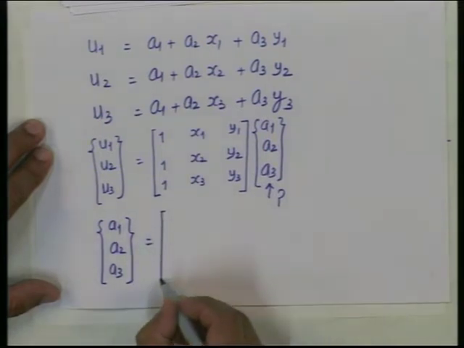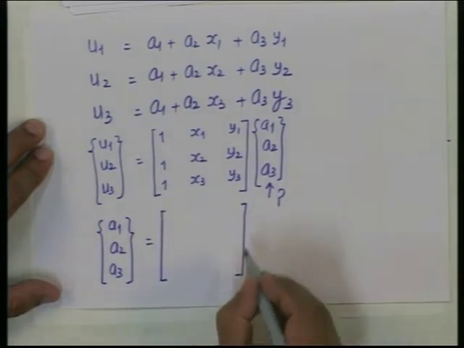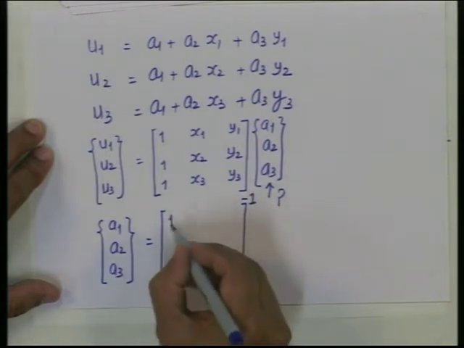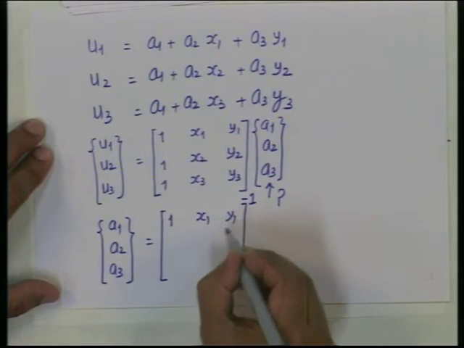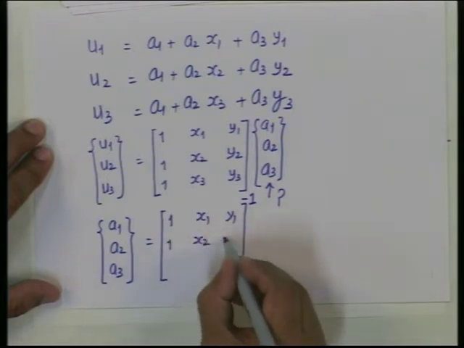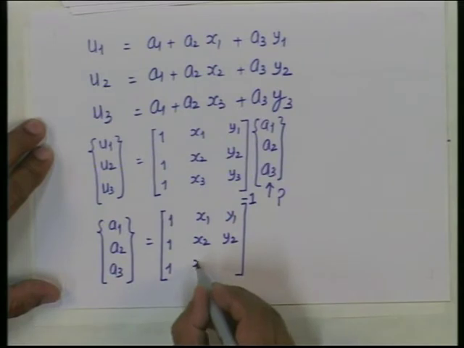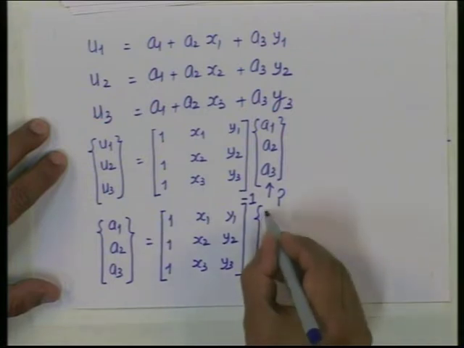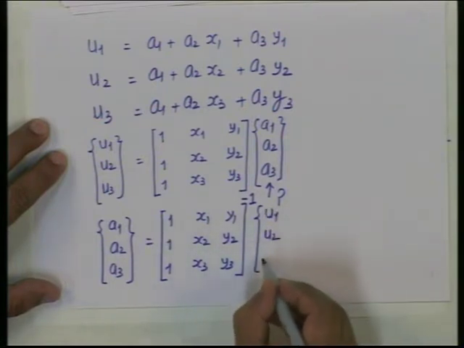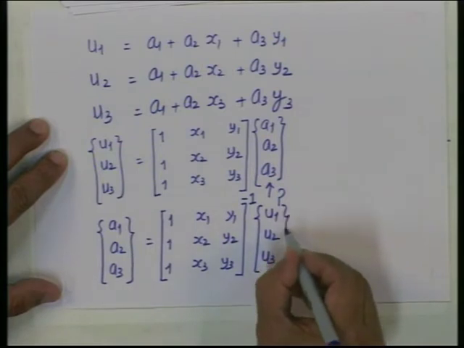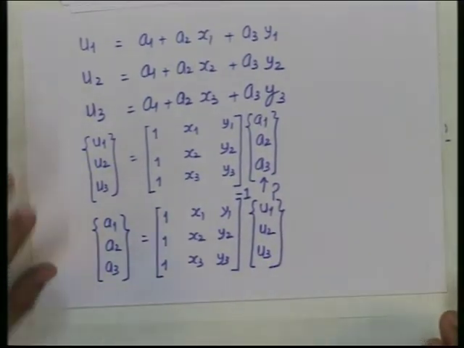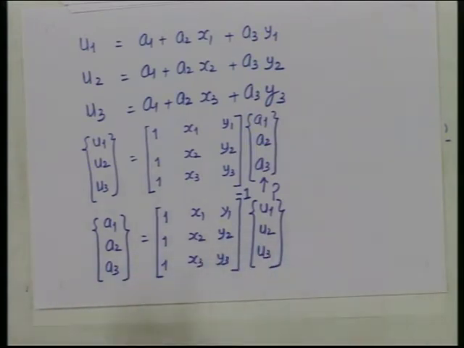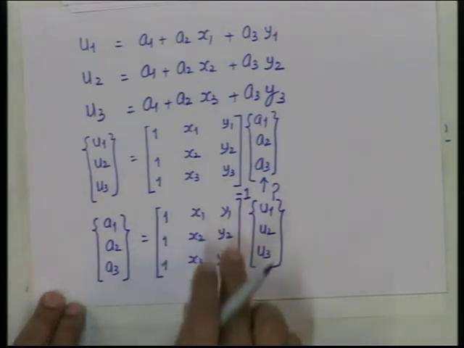We can get a1, a2, a3 by inversion of this matrix, and similar operations will have to be done for V also. So, we can get these 3 constants in terms of U1, U2, U3, which are my nodal displacements, and nodal coordinates x1, y1.